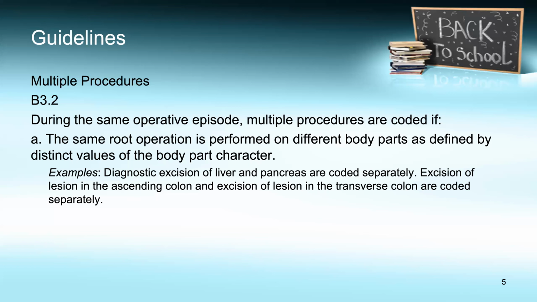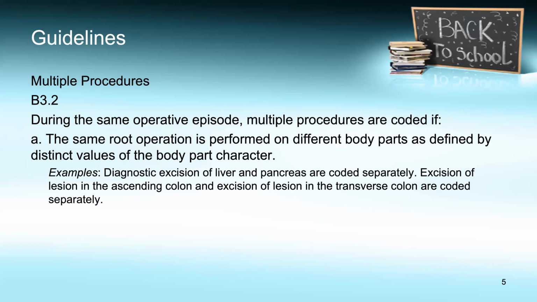So even though we're using the same root operation, the code will be different because they are distinct body parts. Another example is excision of a lesion in the ascending colon and excision of a lesion in the transverse colon. Those would be coded separately because, again, the ascending colon will have its own body part value, and the transverse colon will have its own body part value.